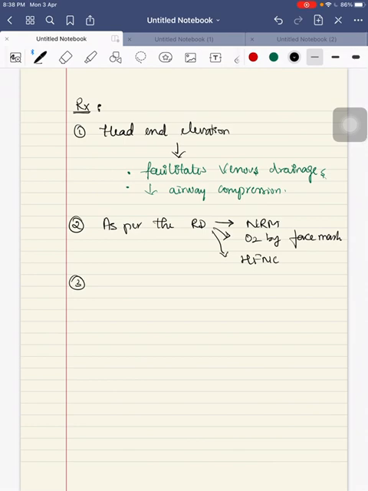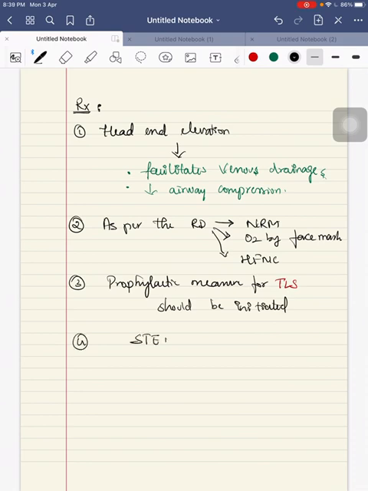Do not use sedation and neuromuscular blocking agents because of the risk of respiratory failure. Prophylactic measures for tumor lysis syndrome should be initiated.